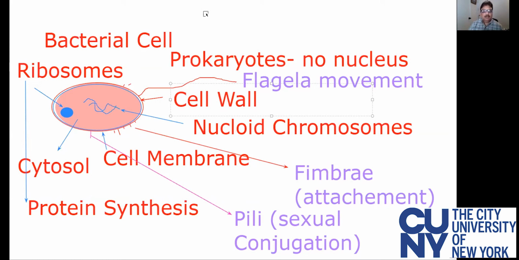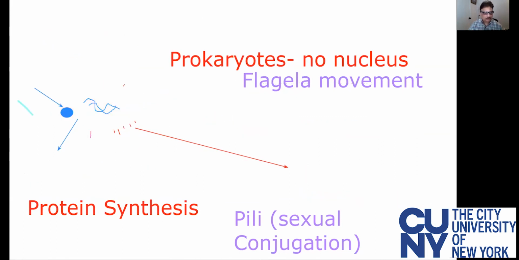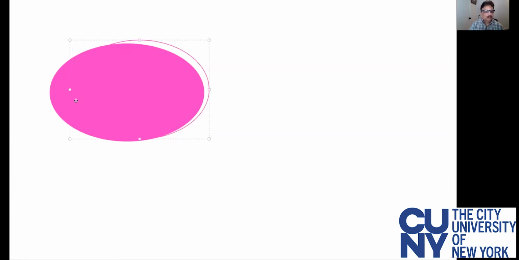Now let's talk about a eukaryotic cell, and the example is the human cell. So let's draw a typical human cell. And unlike bacteria that have a cell wall, human cells don't have a cell wall.